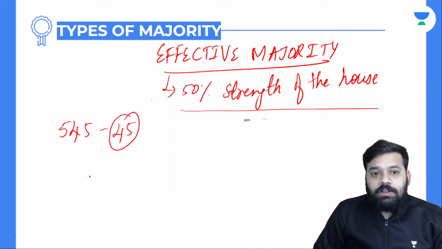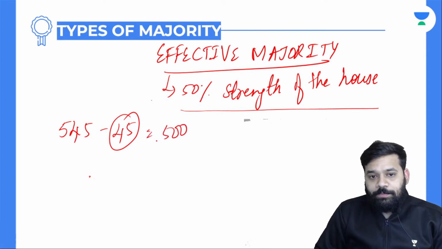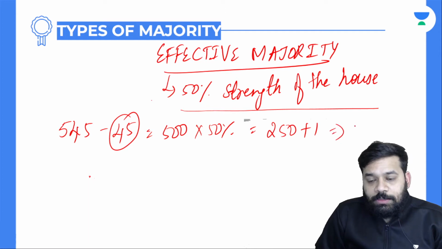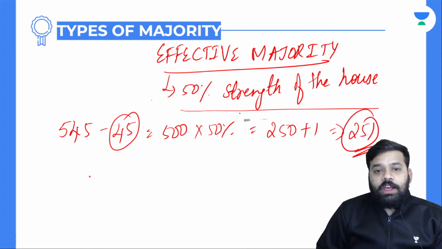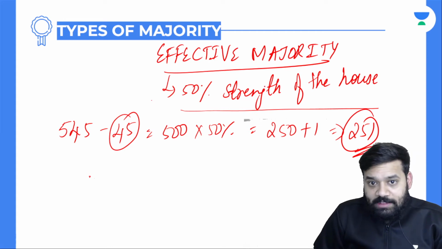Vacancy might be because of absenteeism or resignation or death. So the strength is going to be 500, correct? So 50% of 500 is going to be 250 plus 1, that is going to be 251. So effective majority that is required is 251 in this case.